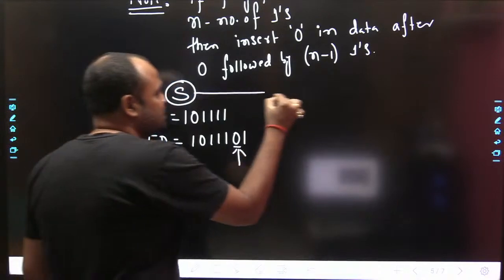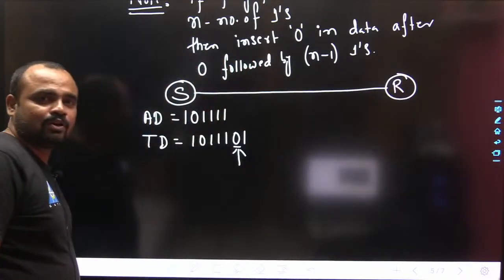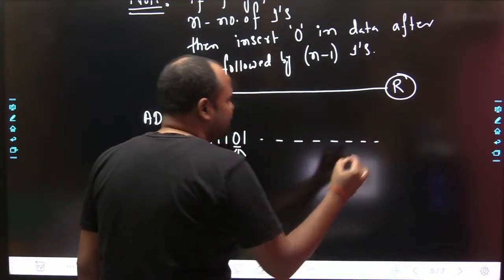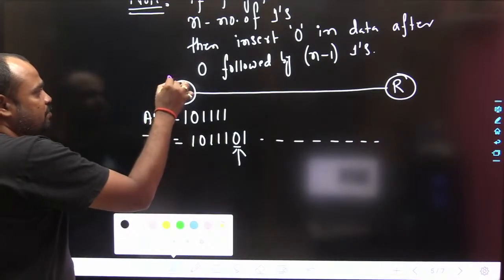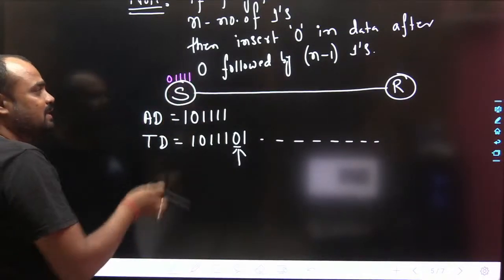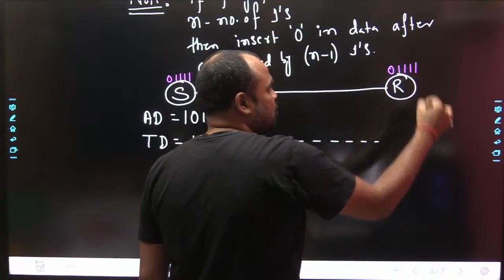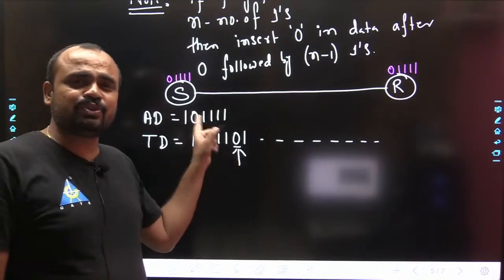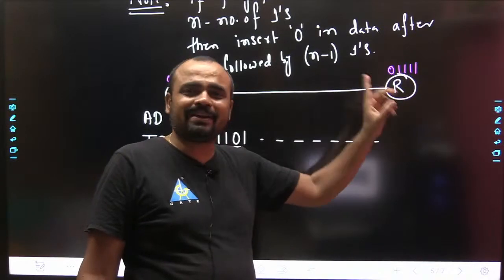Somewhere the receiver is connected with this sender, yes or no? So once this particular data is transmitted to the receiver, and since the sender is using the flag pattern 0 followed by 4 number of ones, this information will be known by the receiver also. The receiver should also have the information of the same flag pattern.